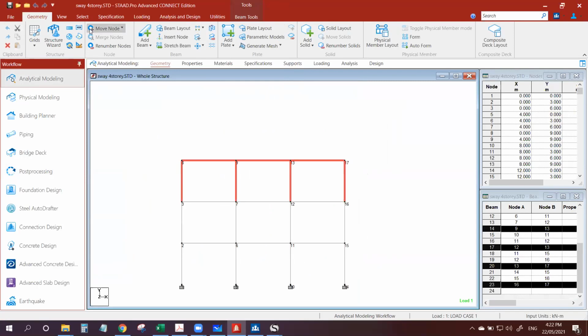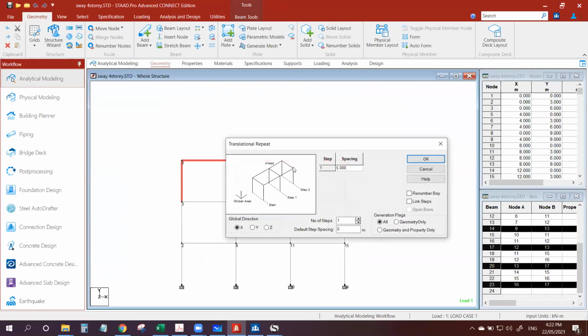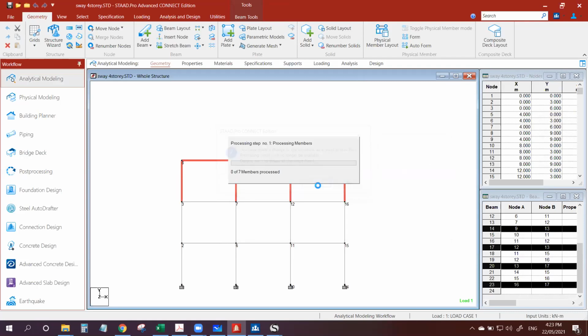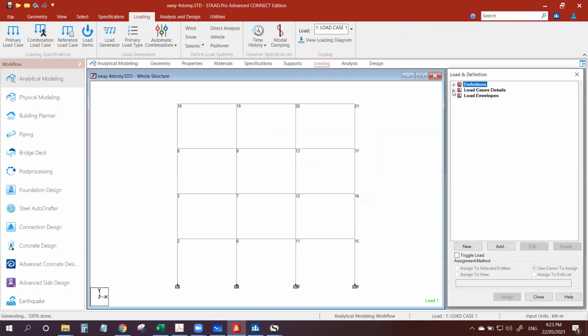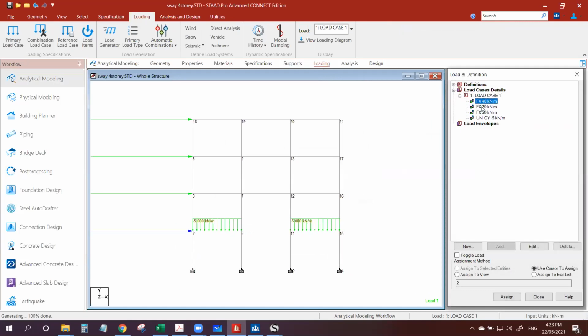Then translational repeat, y 3 meters. Then proceed to the loading. So that makes it 40, 20, 30. So both 30 here. I think this will be tedious now.